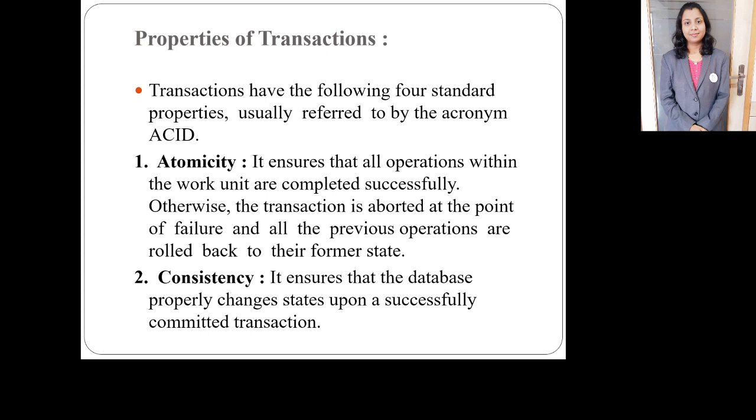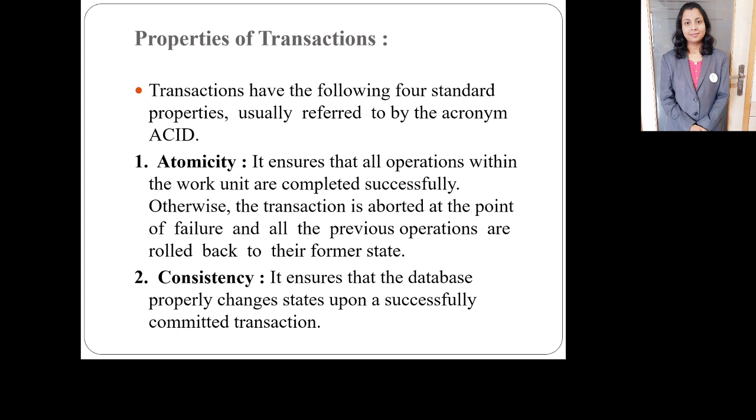If suppose the transaction is aborted or halted due to some failure or any reason, then the previous operations which were successfully completed are rolled back to the former state. That is atomicity.